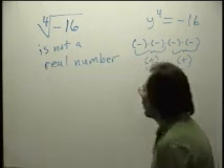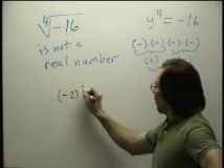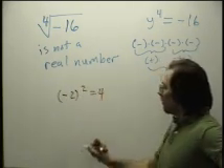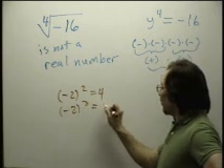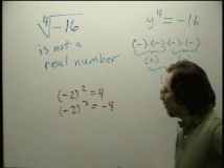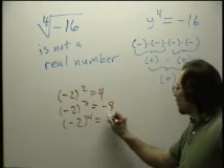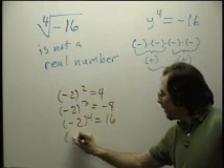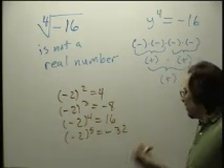The idea we see here is this. Negative 2 squared is positive 4. Negative 2 to the third power is negative 8. Negative 2 to the fourth power is positive 16. Negative 2 to the fifth power is negative 32.